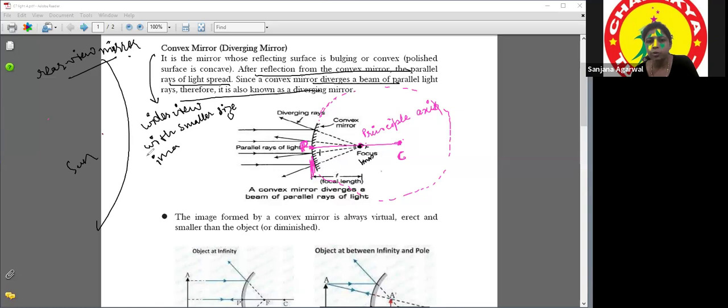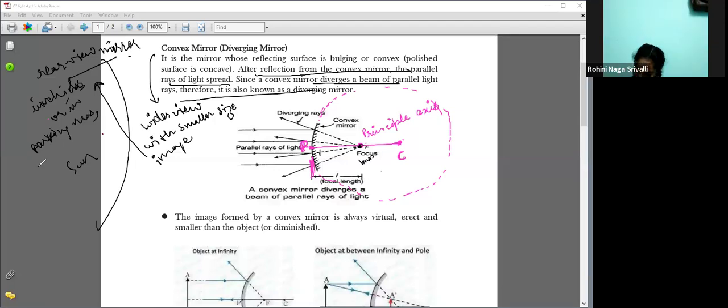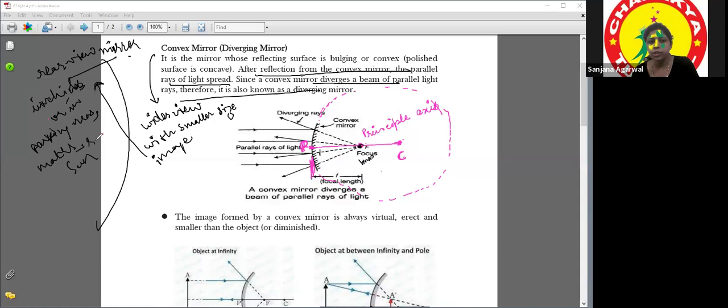And that's why they are used as a rear view mirror in vehicles or in public places: parking areas, shopping malls, railway station, metro station, etc. Please note down all these uses.